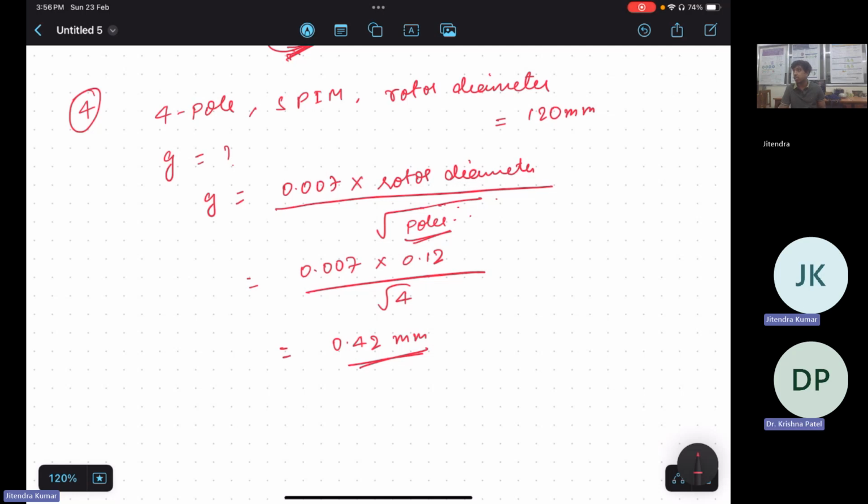But sir, efficiency is not given, is it? Output power is given, right? And input power you can't calculate here. I think you can calculate.